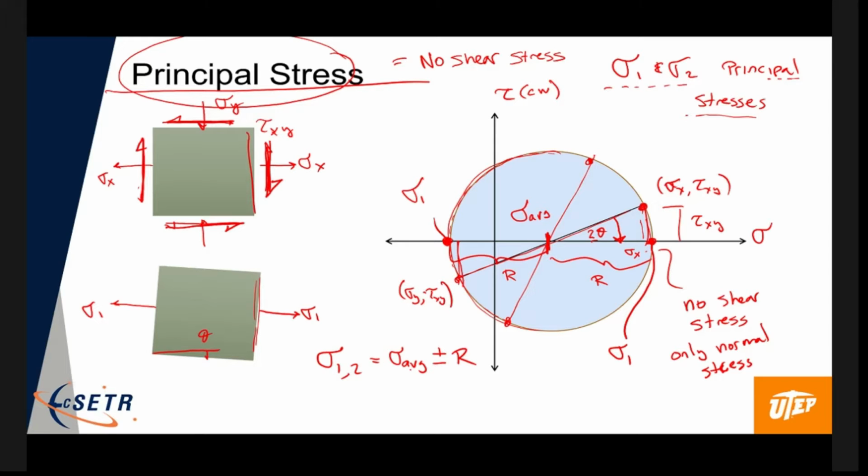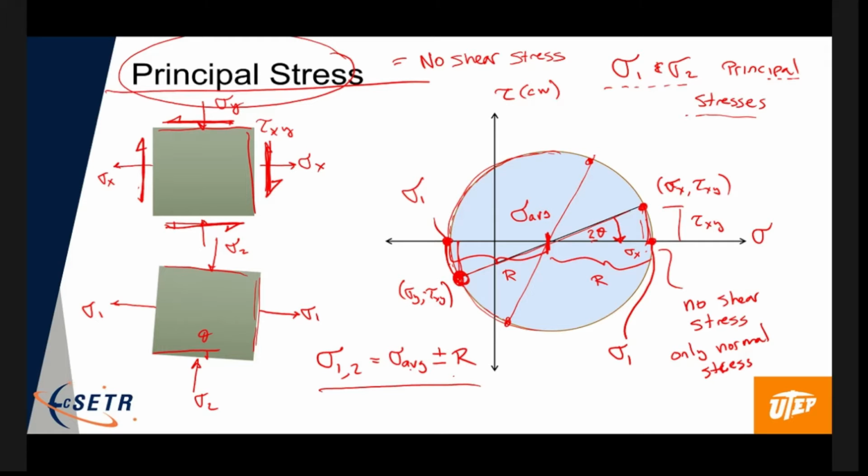And then this point here, which is the top face, again would rotate to this orientation. And that would give me sigma 2, which again would be compressive. All right. And you can calculate those. All right. And there's no shear stress.